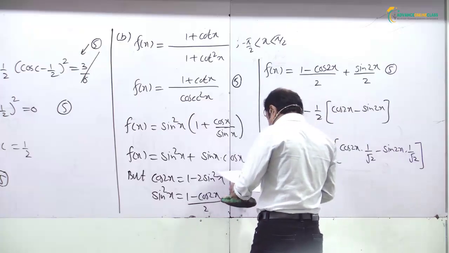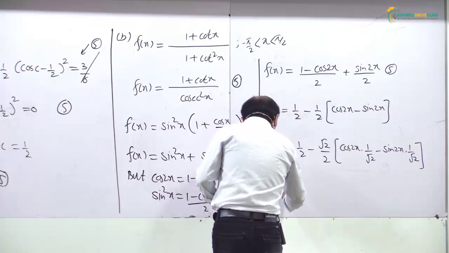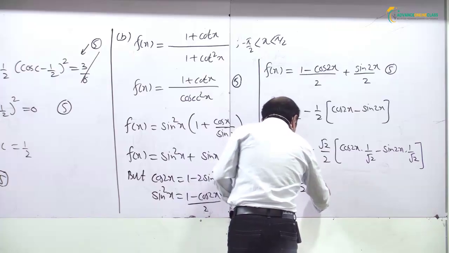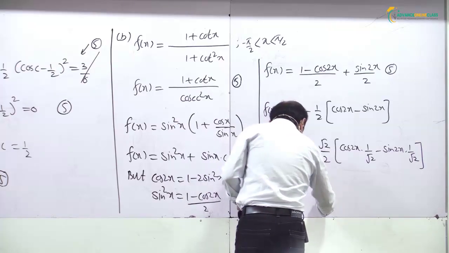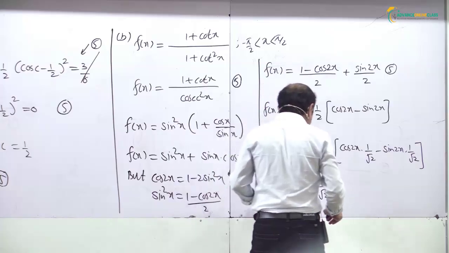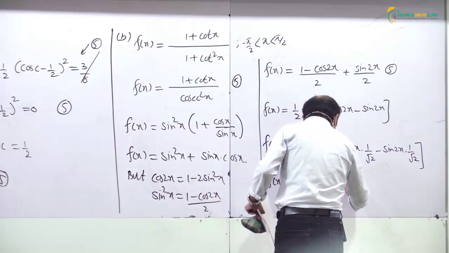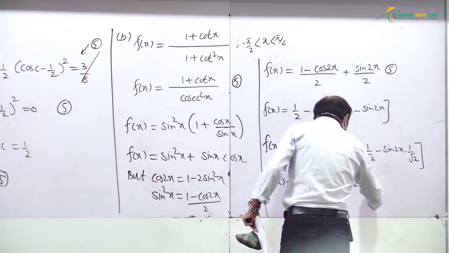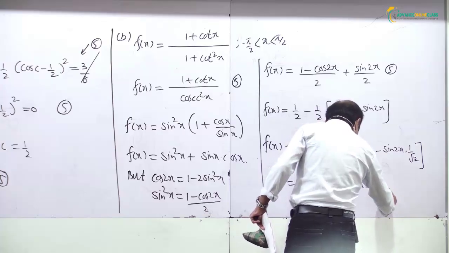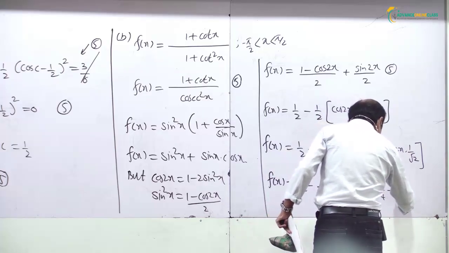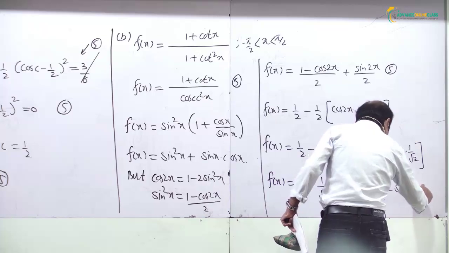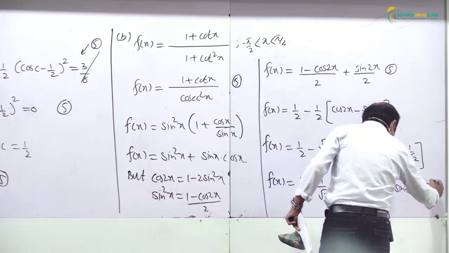And you say f(x). Here 1 over root 2 is coming. Right. We can write this 1 over root 2 as cos pi by 4. The second 1 over root 2 we can write as sin pi by 4.